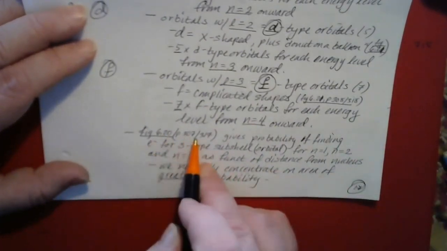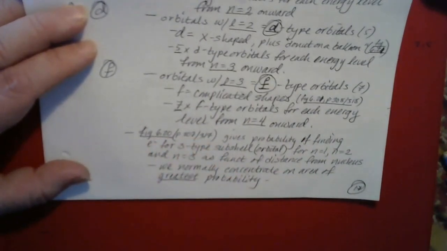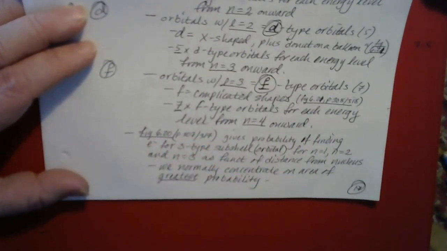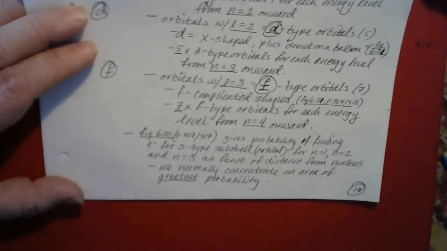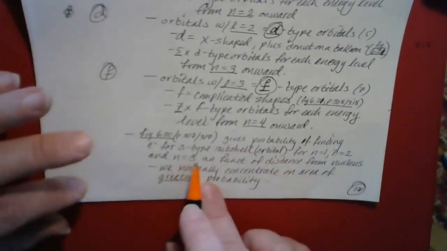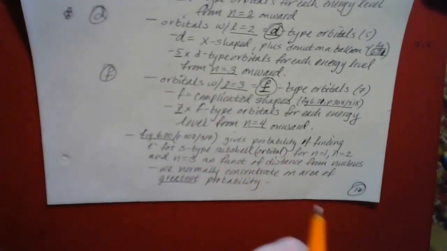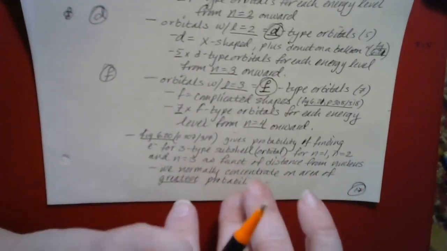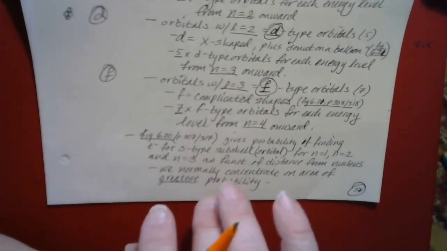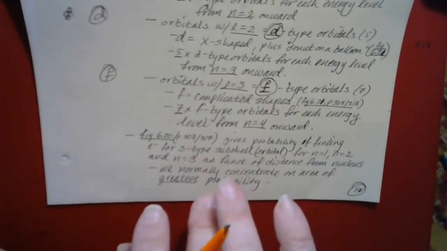Figure 6.20 on page 307 or 317 gives you a map of the probability of finding certain types of electrons based on the linear distance from the nucleus. And you see that there are some locations where the probability actually does drop down to 0. So there's essentially 0 chance of finding the electrons in those areas.